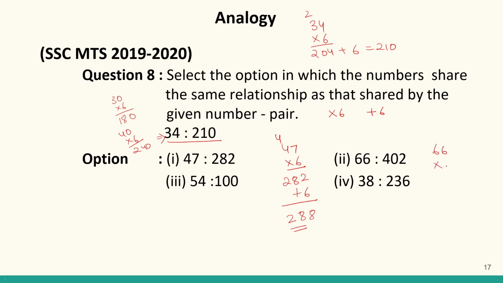If I multiply 6 into 66, I'll get 396. And if I add 6, I'll get 402. So option number 2 will be the correct answer because it follows the same logic of multiplying it by 6 and adding 6.